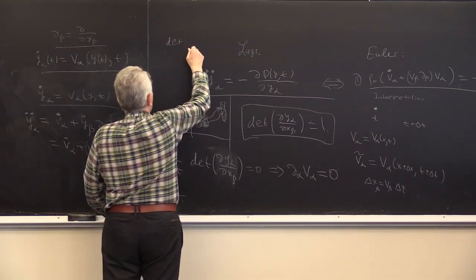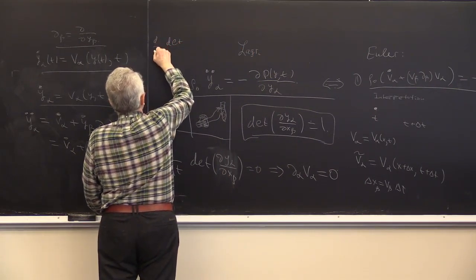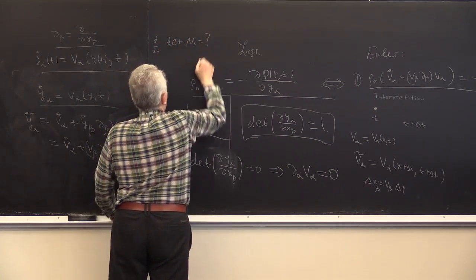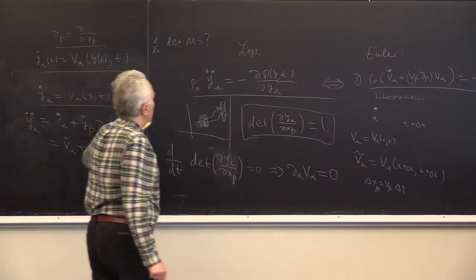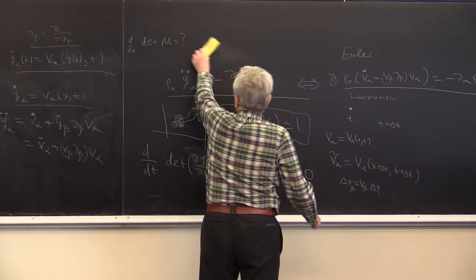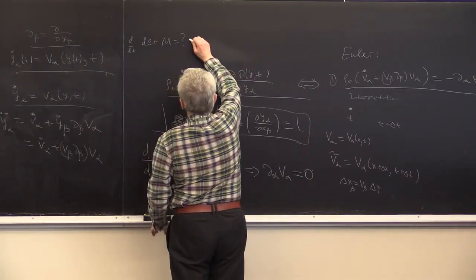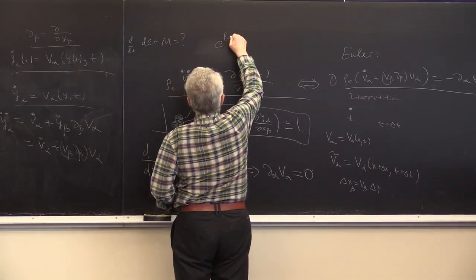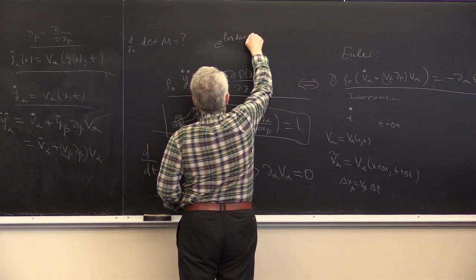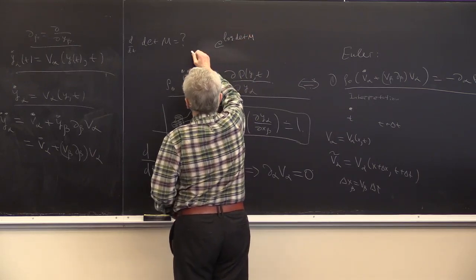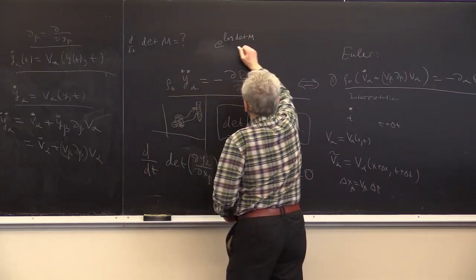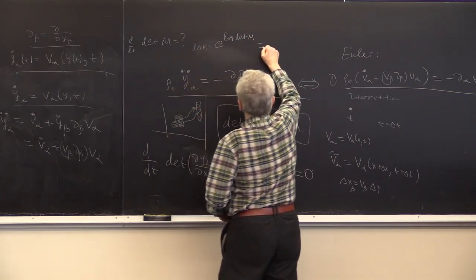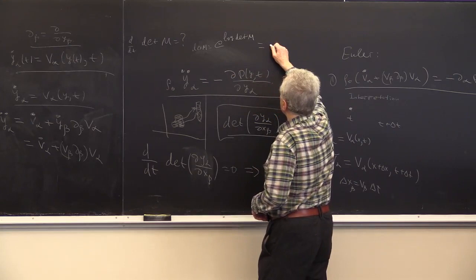If you want to differentiate the determinant with respect to time, it's done very simply. You write down first the determinant as e to the logarithm of the determinant of M. I'm just sketching this.